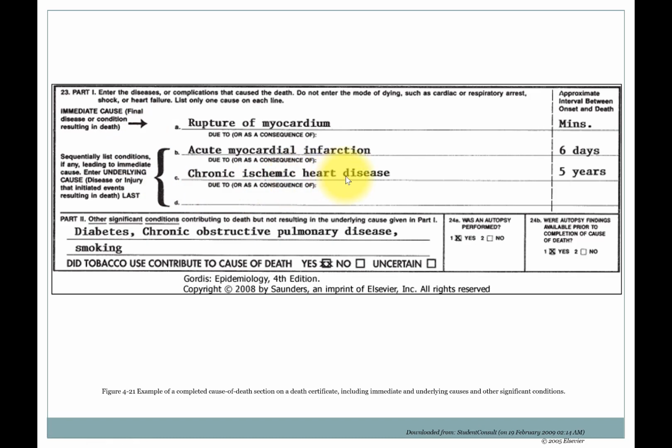But the cause of death is listed as a rupture of myocardium. So this is the cause of death according to this death certificate. If this was a different version of the ICD, probably it would not be recorded as that. Maybe the chronic ischemic heart disease actually would be the immediate cause of death in the previous version.